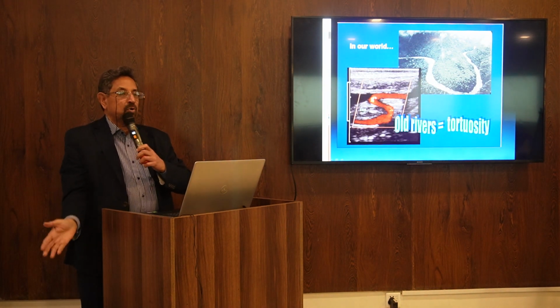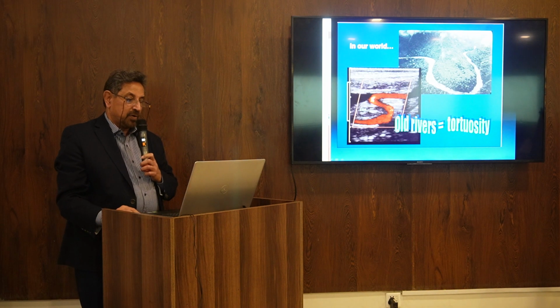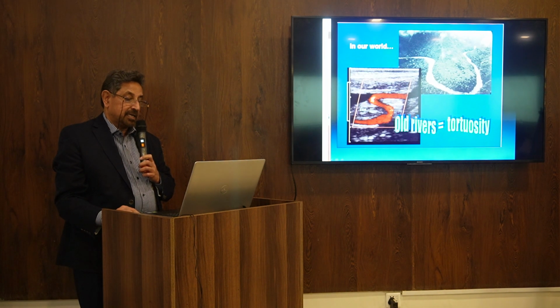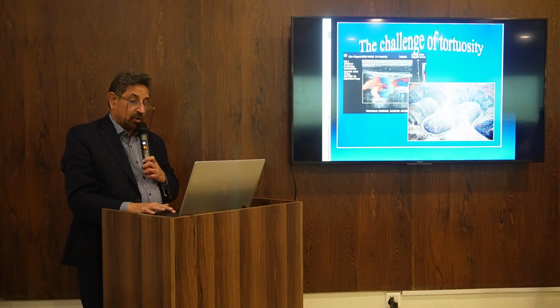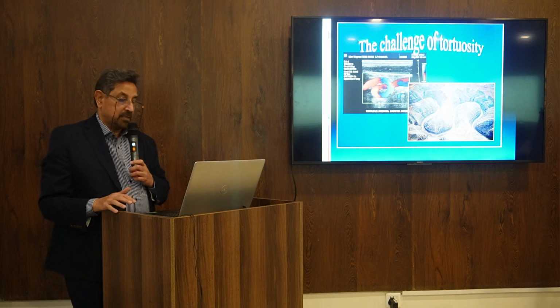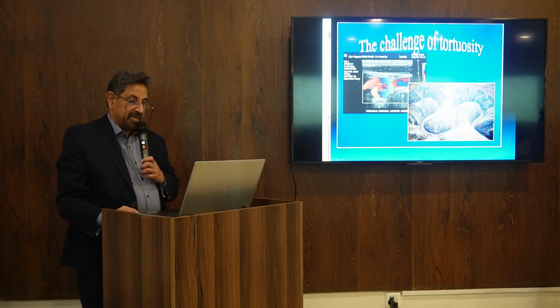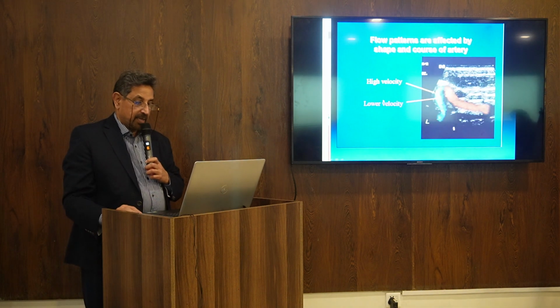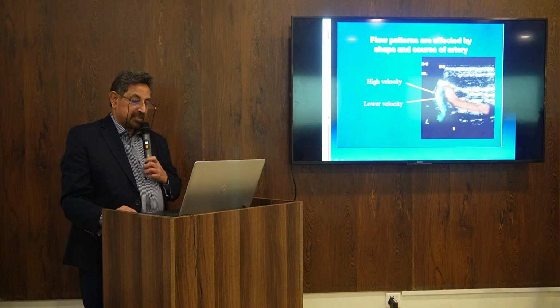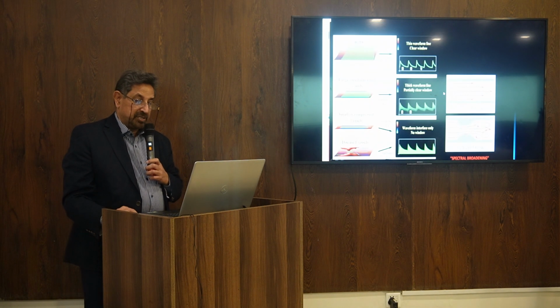Your car is pulled to the outer side because the highest velocity is on the outer side. So if you have a tortuous vessel, do expect a bizarre appearance of colors. On the outer side is the highest velocity, on the inner side the lowest velocity, so the colors will change. In the same manner, the spectrum will change.